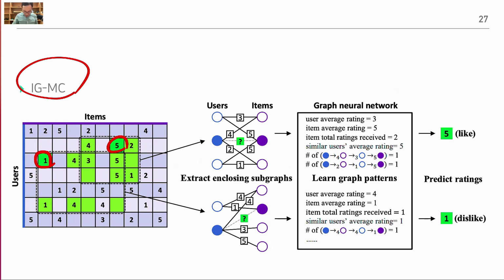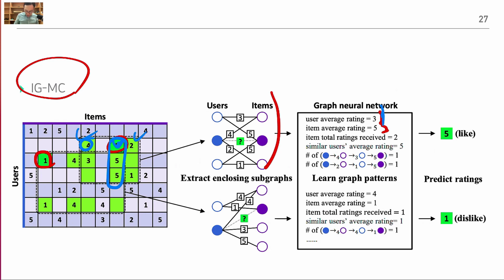So when you look at the subgraph, you can observe that the user average rating is 3 and the item average rating is 5. How did we get it? The item average rating here is 5. The user average rating uses 4 and 2, because this one we don't know yet.